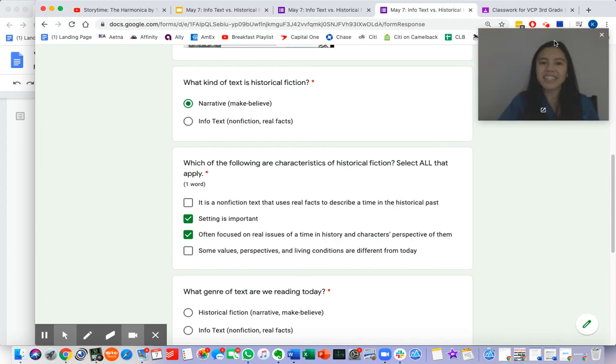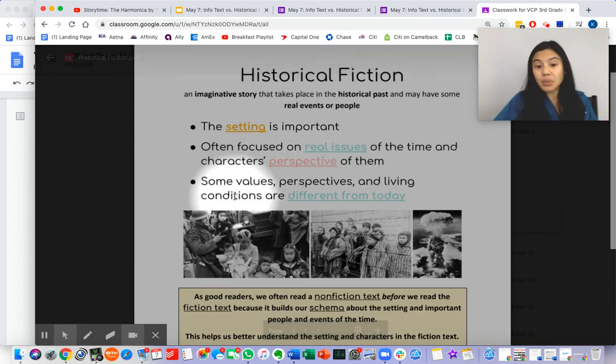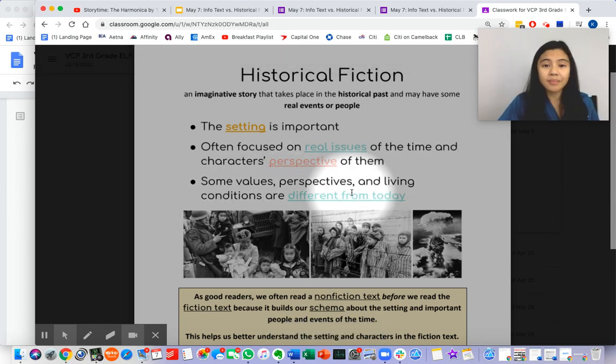Nice work, friends. Our final characteristic of historical fiction is that some values, perspectives, and living conditions are different from today. ELA Masters, this couldn't be more true when it comes to what happened during the Holocaust. This is widely considered to be one of the worst events in history.